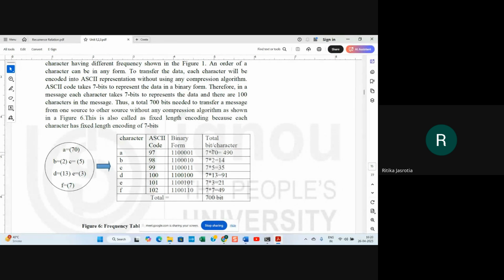The 7-bit code is there. So total bits divided by characters: total bits are 7 into 70, equal to 490.